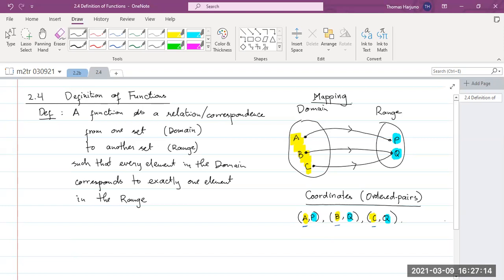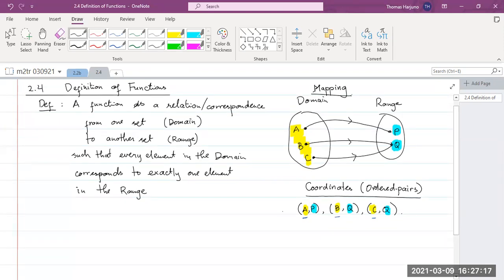Now the third way to express this correspondence is to use function notation. Now the thing is, mapping notation can be used even if it is not a function. Coordinate notation can be used even if it is not a function. However, once you use function notation, then it has to be a function.